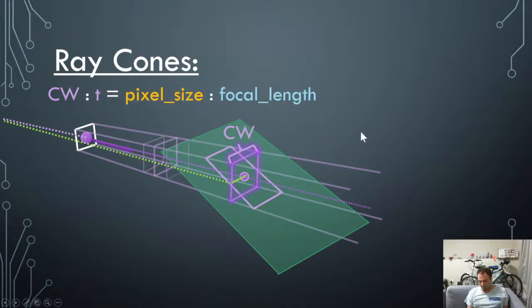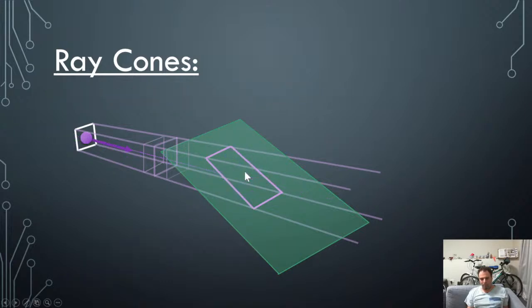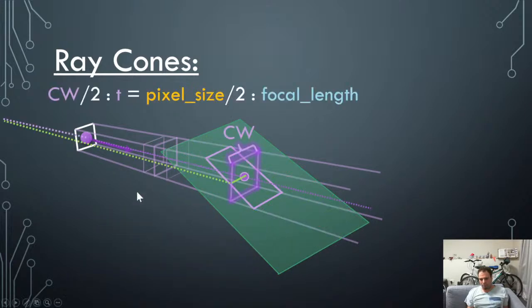I don't want to get too much into it because the other thing that I want to cover is going to be a bit different, so I'm just glossing over it. But out of this proportion you get the over 2, because we're taking half the width for this triangle.